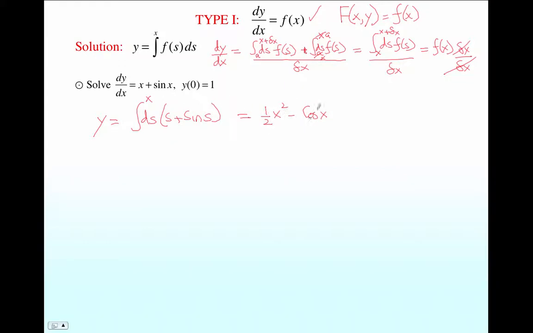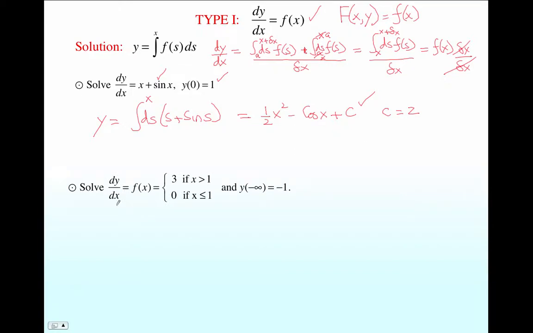If you differentiate cosine of x, you get minus sine of x, and so that becomes plus. But there's also a constant over here that we could add, because a constant differentiated gives you 0. Now the requirement is that when x is equal to 0, y is equal to 1, and so obviously c must be equal to 2. And so this is the solution of this differential equation with this initial condition.